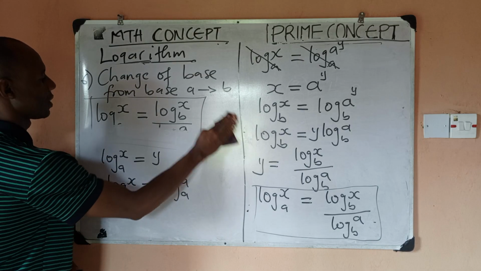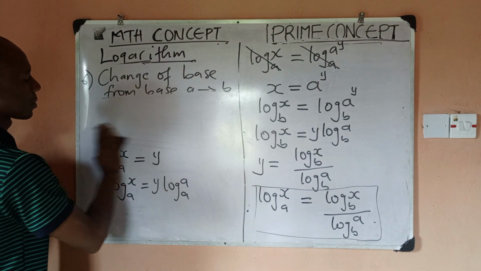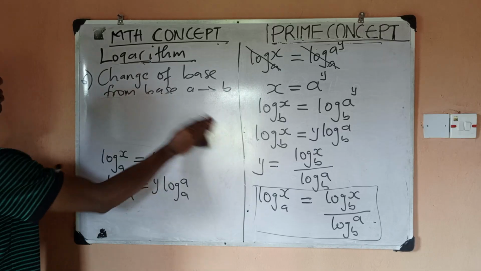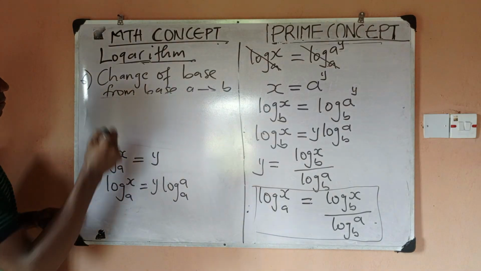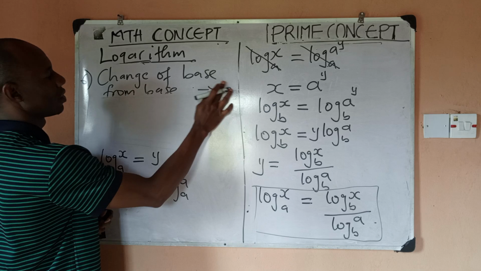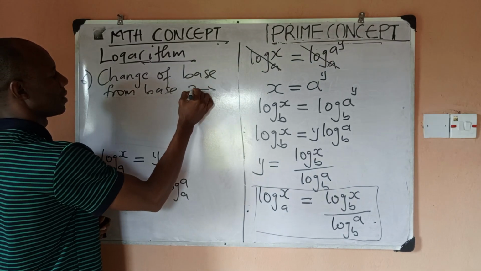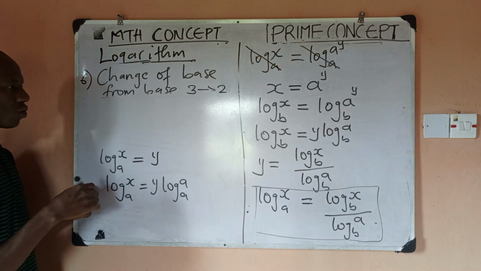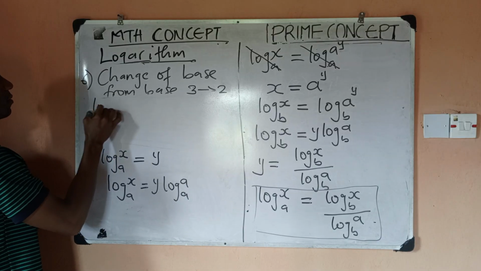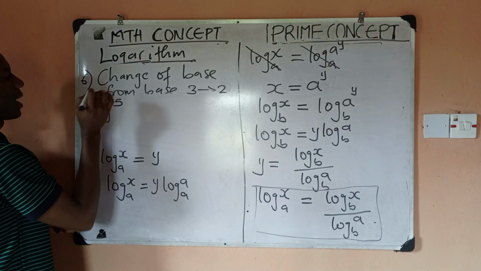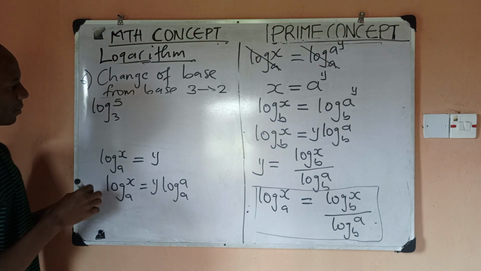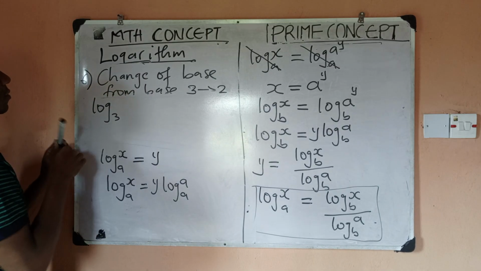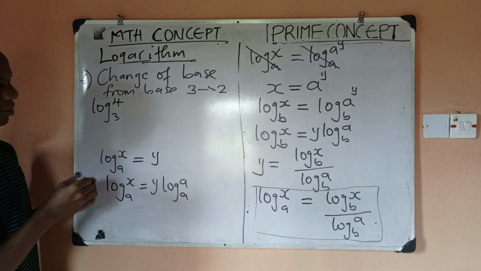So I'm going to give a simple application or use of this that will help us understand it. Now say I want to change from base 3 to base 2, right? And I have log of, let's say, 4 base 3.